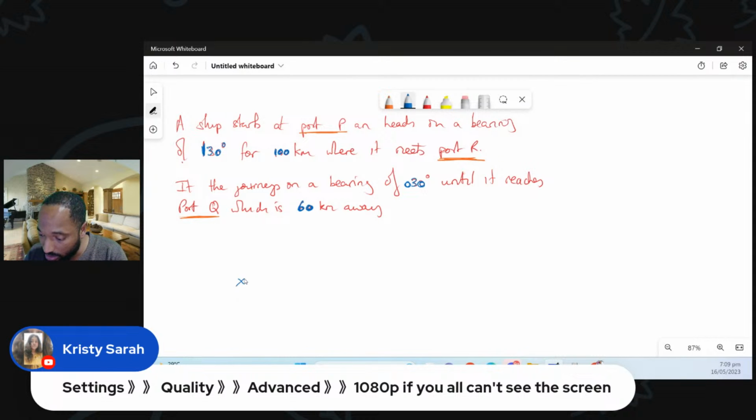So you have P, you draw a north line, and all these will be sketches, and you draw 130, which looks like about that. That's the bearing. Continue down.